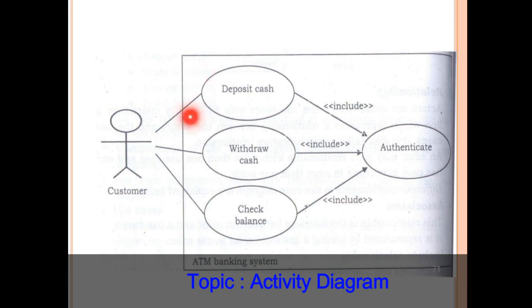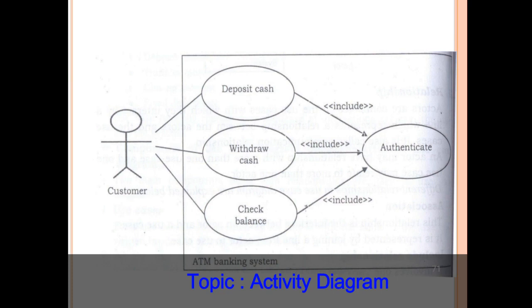All these processes are done by the customer, and this includes authentication. The communication between the customer and the ATM bank system is denoted by this type of symbol, which is known as a use case. So the customer can deposit cash, withdraw cash, and check balance, and all of these are included in one authentication, otherwise called an authorized person.